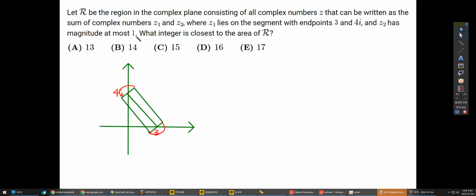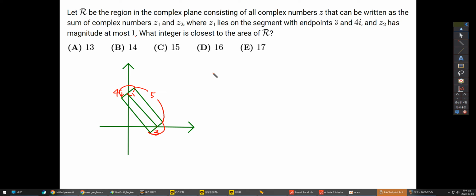Because the second point has the magnitude of m minus 1, this length is 1. So it's like adding the rectangle's area and the circle's area. The rectangle's length is 5, since 3 and 4 make 5.